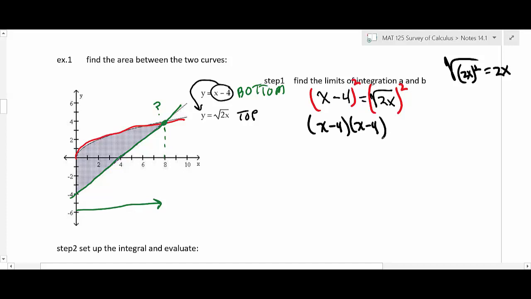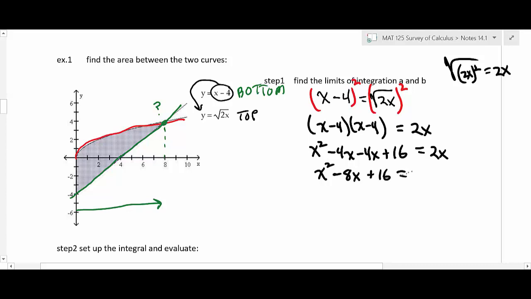You can either write it out twice and FOIL, or use the shortcut I've shown you. And then the right side is 2x because the radical comes off. If you FOIL this, you're going to have x squared minus 4x plus 16 is equal to 2x. Then combining like terms, you have x squared minus 8x plus 16 equals 2x. So that's how you get rid of the radical.